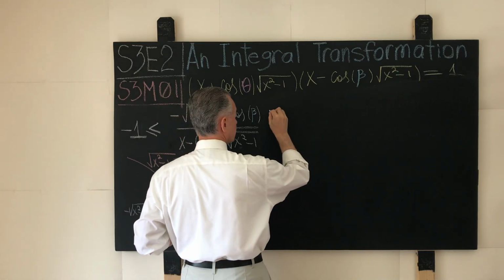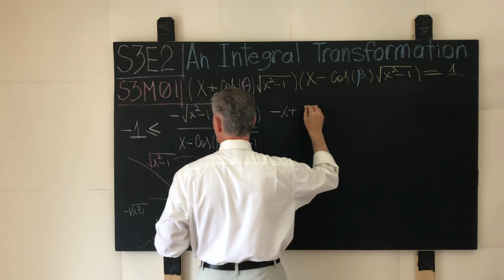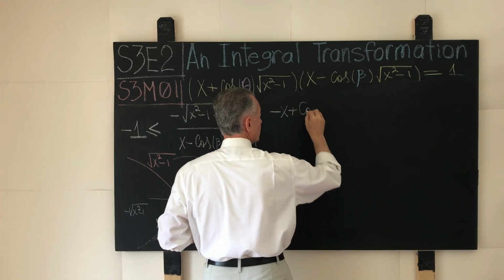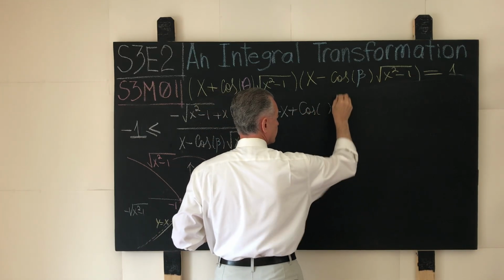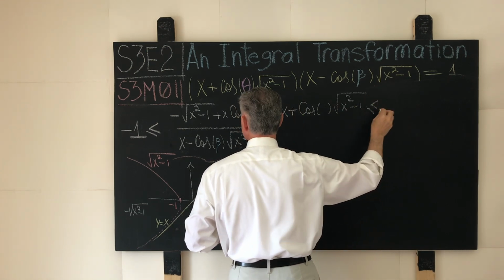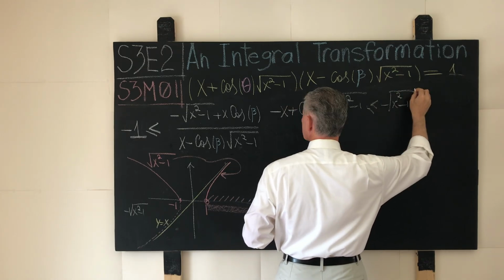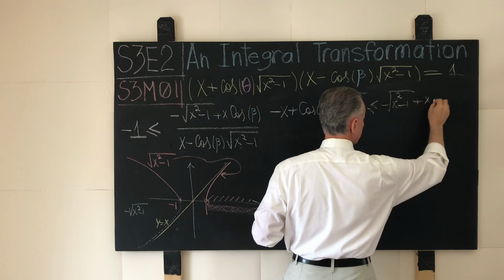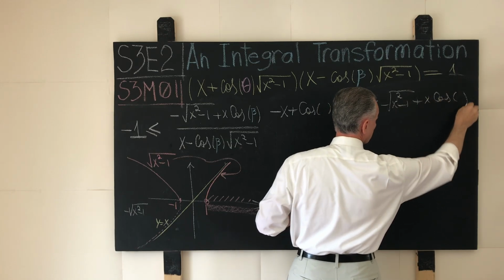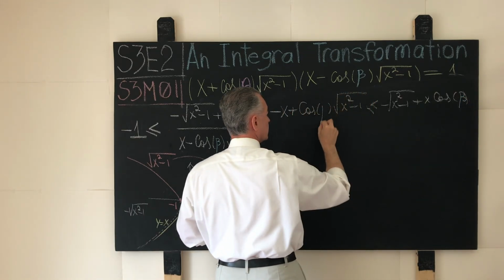We have negative x plus cosine of beta times the square root of x minus 1 less than negative square root of x squared minus 1 plus x times cosine of the angle beta here and beta here.